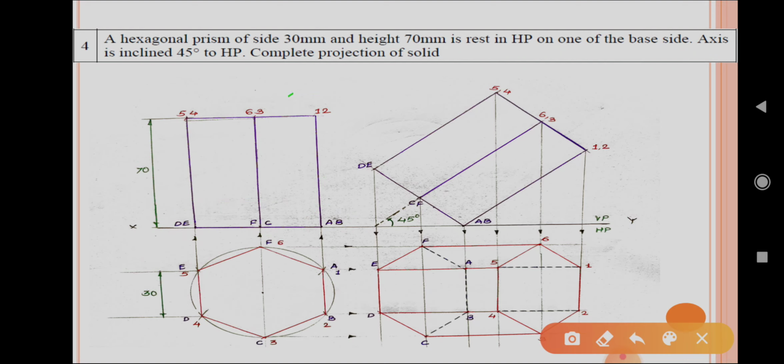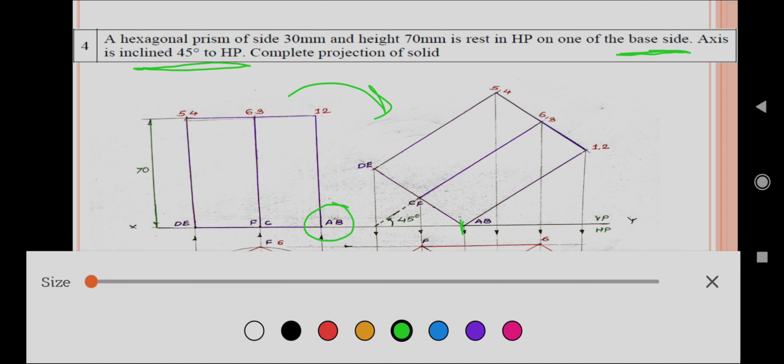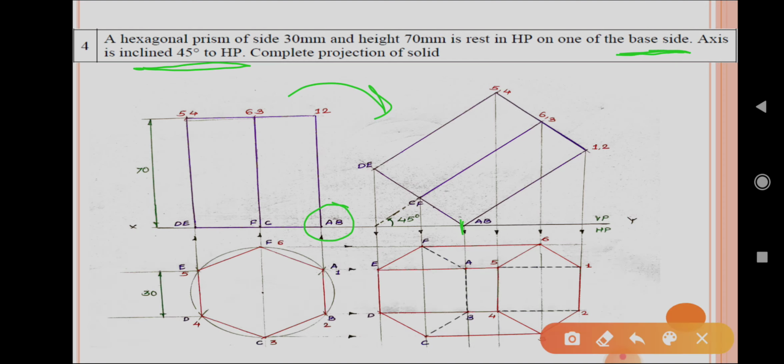With the same view, the hexagonal prism is inclined at 45 degrees to HP, but it rests on one of the base sides. One of the base sides means that at that time the 2 points come on XY. So for XY, we can mark A and B here.